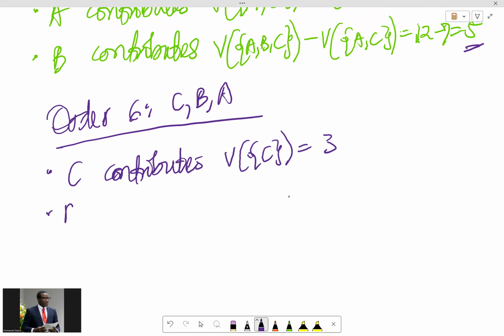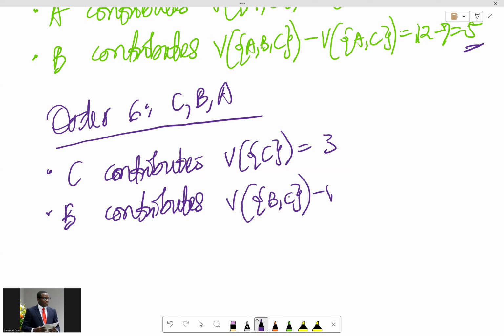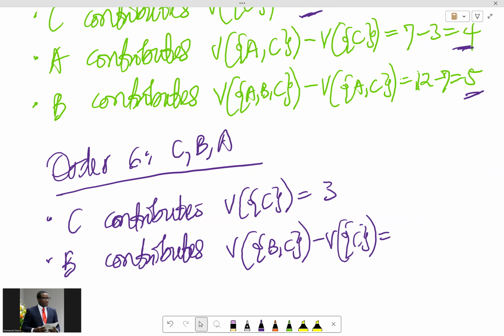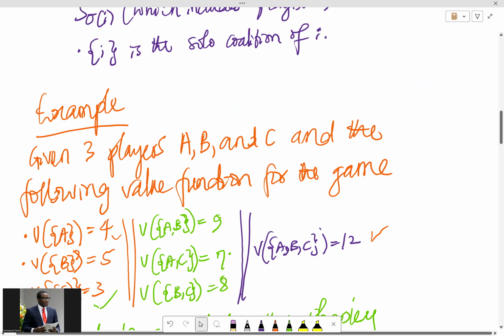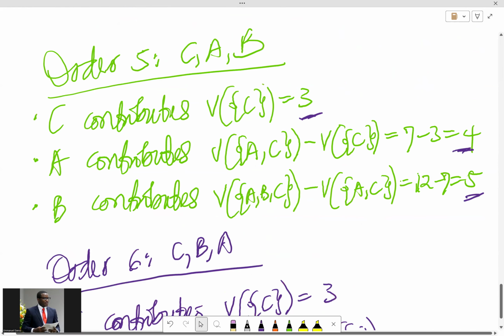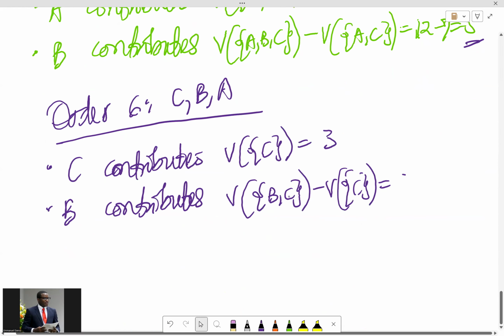Then B contributes the value of the coalition between B and C, minus the value of C alone. The value of B and C is 8. So we have 8 minus 3, and that is 5.